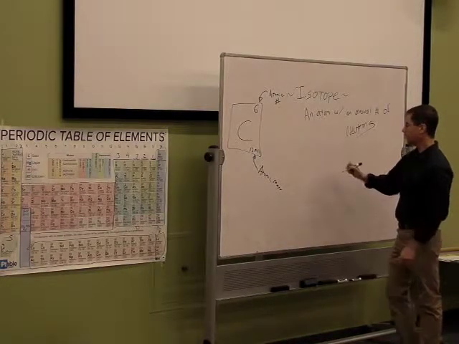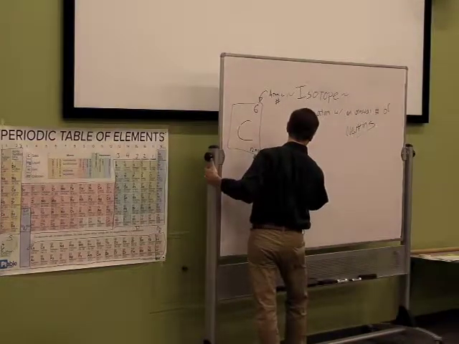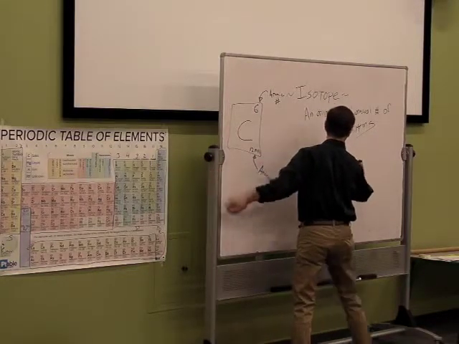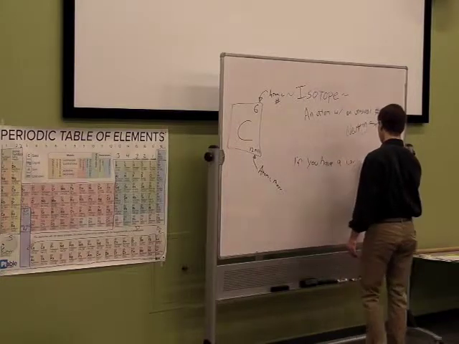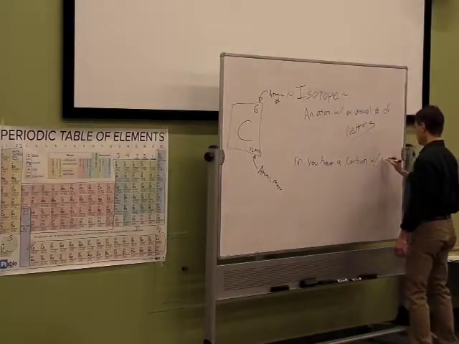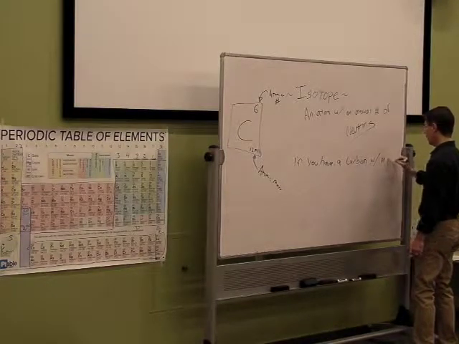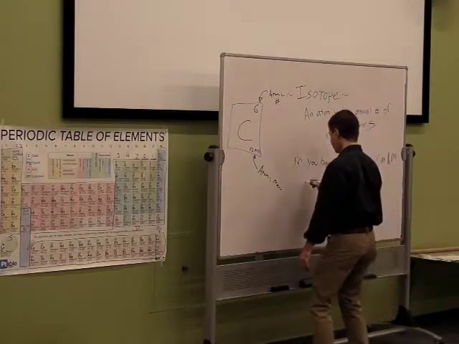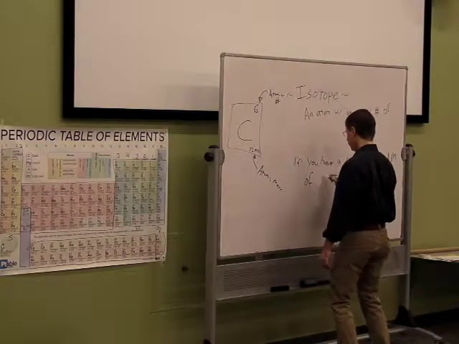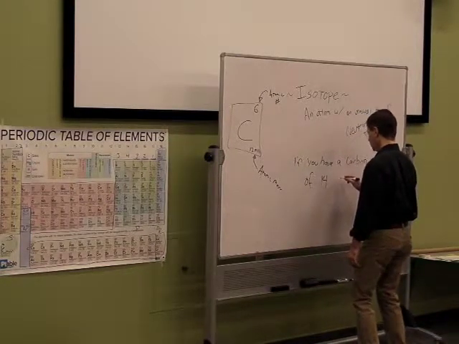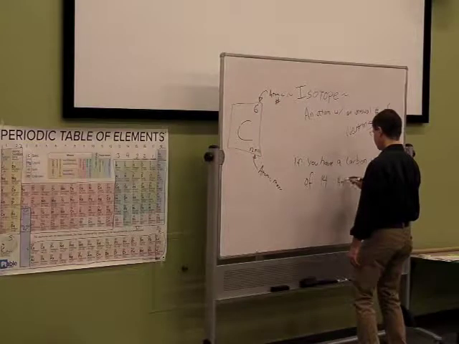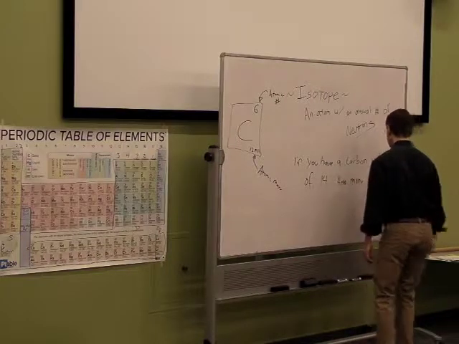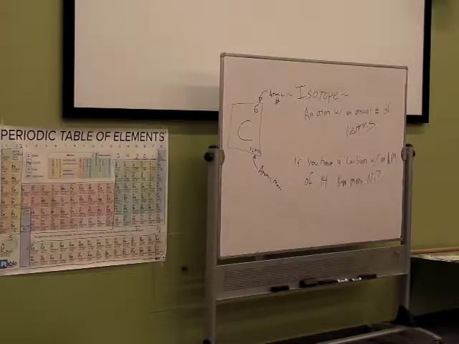So, let's say, for the notes, if you have carbon with an atomic mass of 14, how many neutrons do you have?